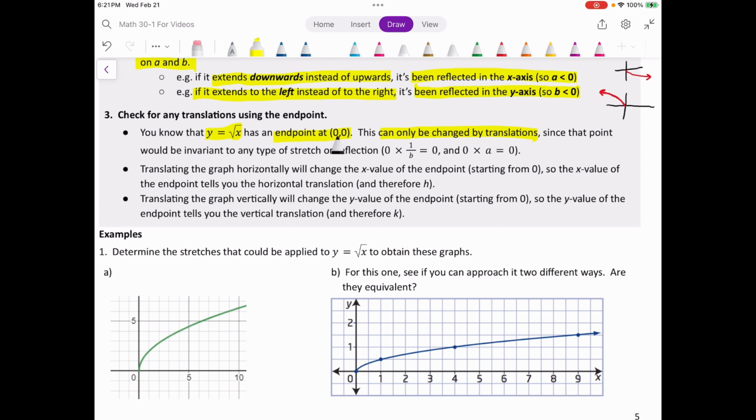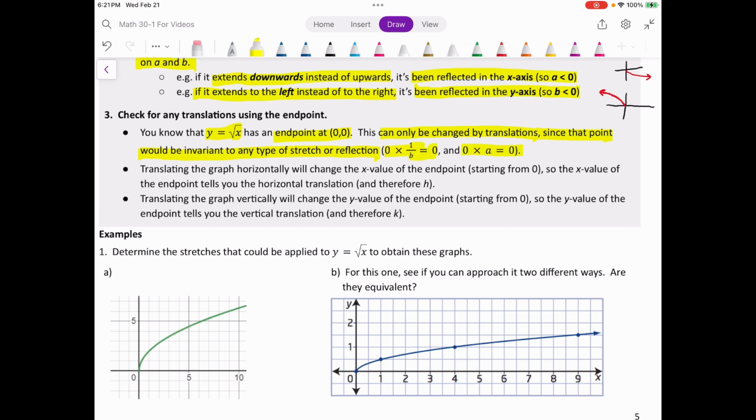Why? Because stretches and reflections involve multiplying this by 1 over b or this by a, right? But it doesn't matter what 1 over b or a are. 0 times anything is still 0. So that endpoint on y equals root x is invariant to any type of stretch or reflection. 0 times 1 over b is 0. 0 times a is still 0.